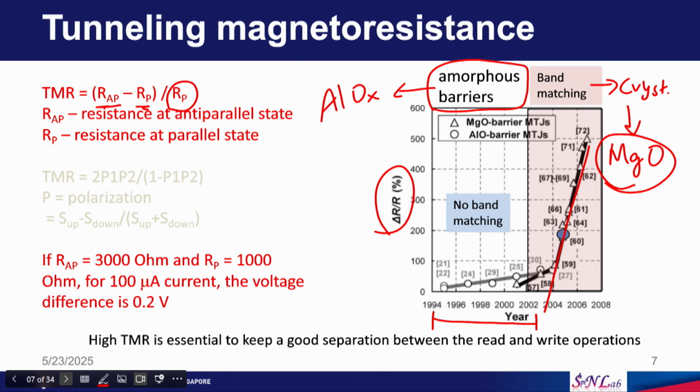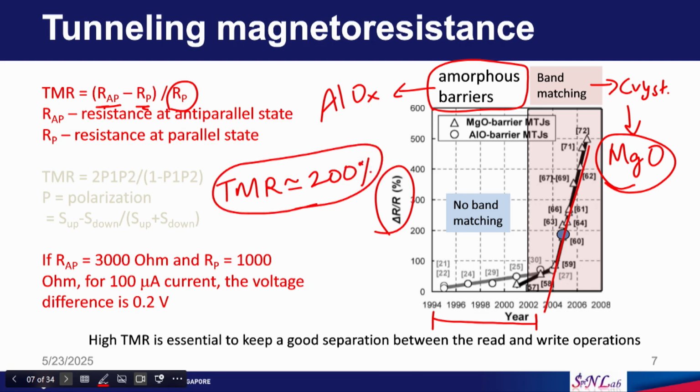Let us say TMR is 200%, which is currently widely used in the industry. If the parallel state gives 100 ohms, then the antiparallel state will be around 300 ohms. That gives rise to a 200% change.